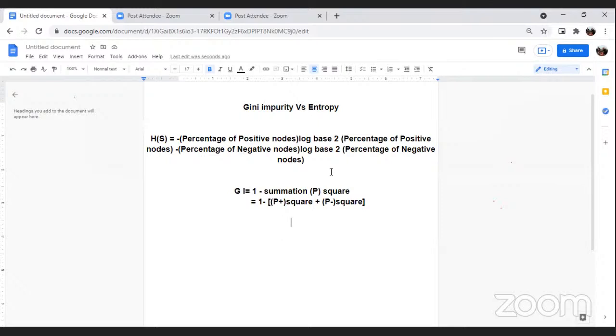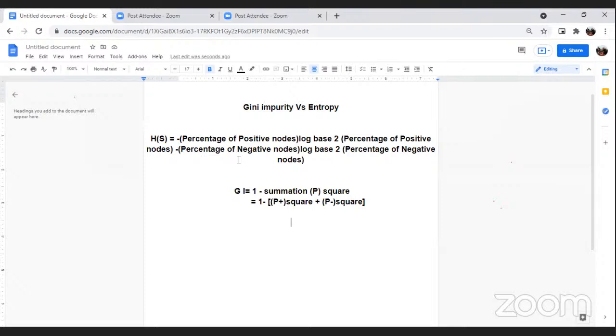You're right. Yes, Neelam. Yes, you're right. Yes, you people are correct. So let me go with the perspective of considering the formulas of these two concepts.